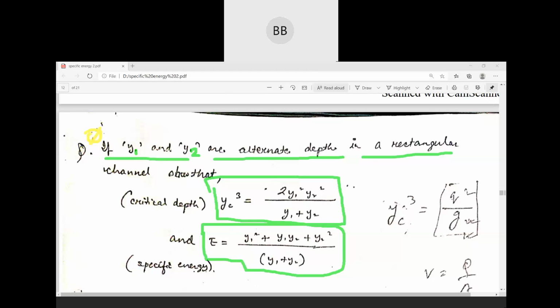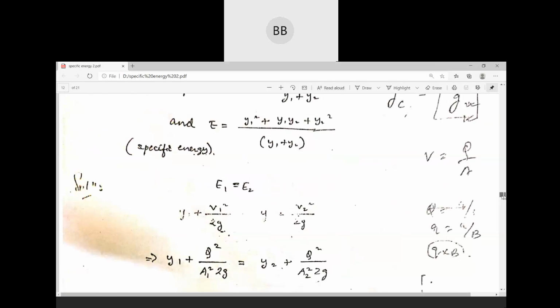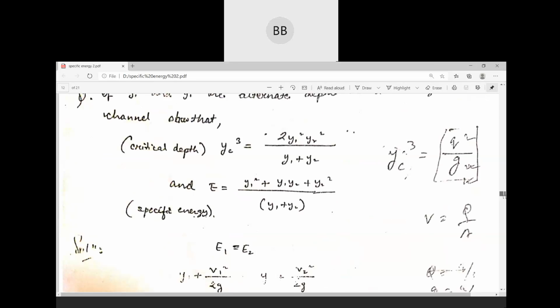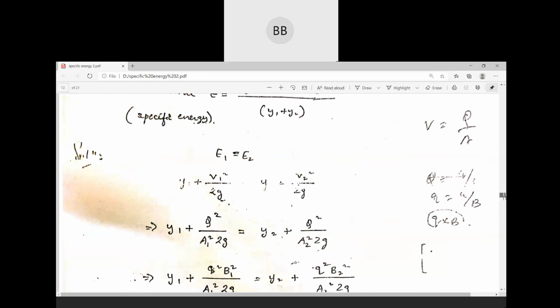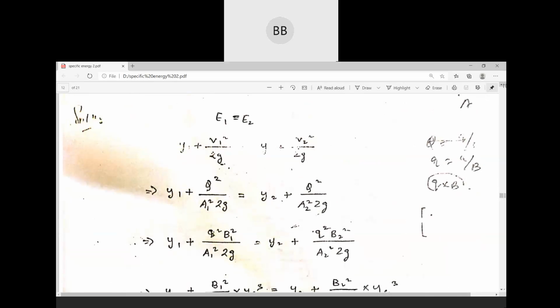Okay, so let's proceed to the solution. As the equation is given, y1 and y2 are the alternate depths. So we are going to consider E1 is equal to E2. First, we are considering E1 is equal to E2.